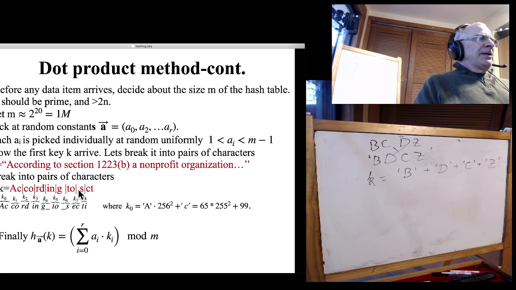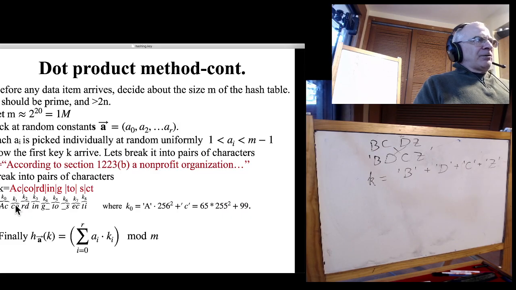Each character here has an ASCII value. So my key K, which is a vector as well, consists of K0, K1, K2, K3, where K0 is just AC, the beginning of the word according.